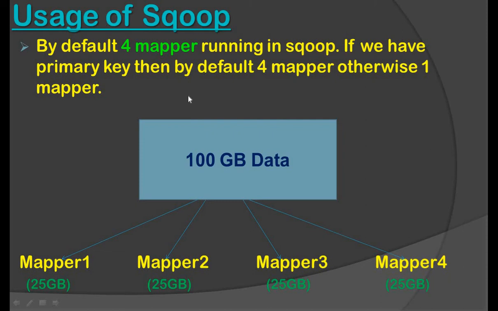And if there is a primary key, then as we know a primary key is always unique, so it can divide that data among different mappers. So by default Sqoop runs 4 mappers, and if there is no primary key, then Sqoop runs only 1 mapper. When importing or exporting data, we can set any number of mappers in Sqoop by command line.